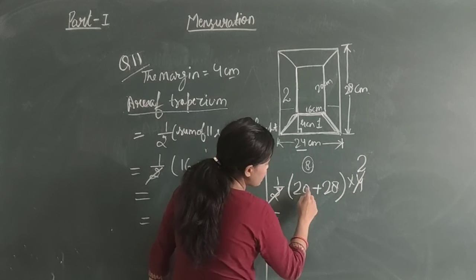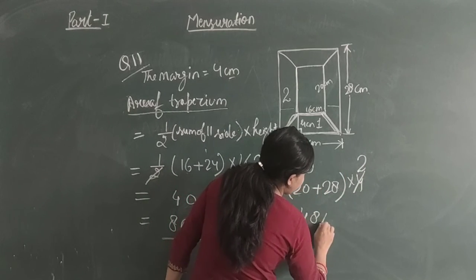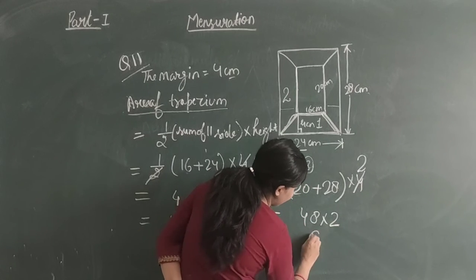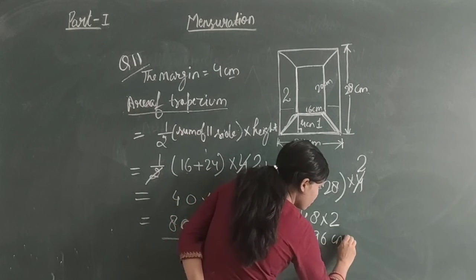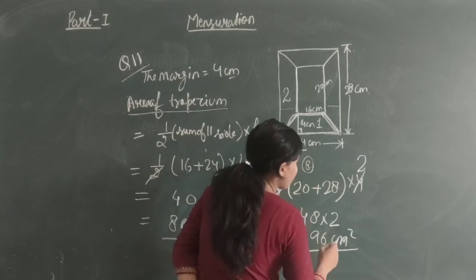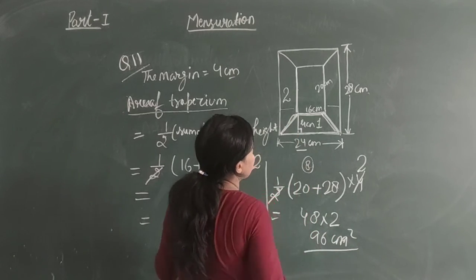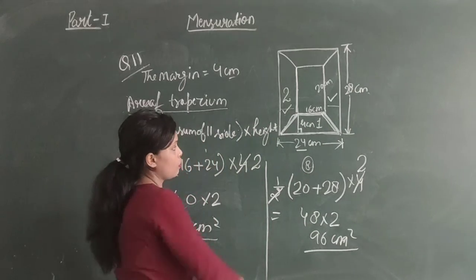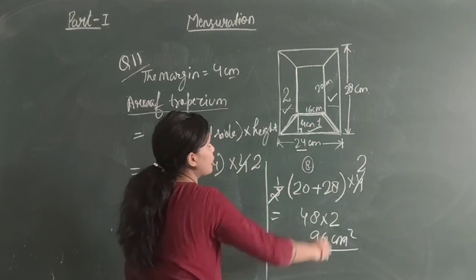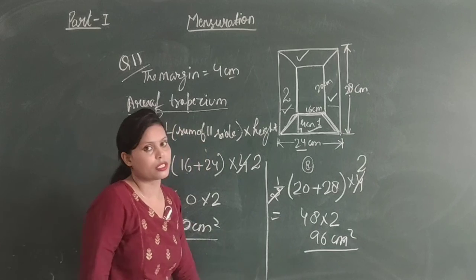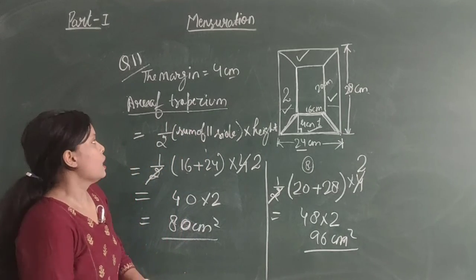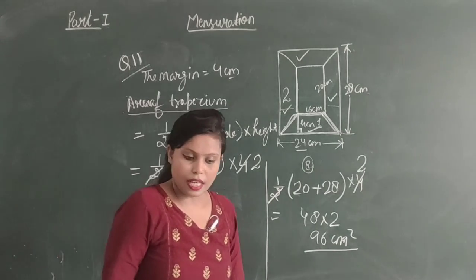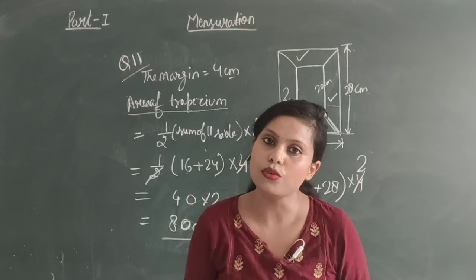So we will get 48 multiplied by 2, that is 96 centimeter square. So this area is 96 centimeter square, this area will also be 96 centimeter square, this is 80 centimeter square and this will also be 80 centimeter square. Alright, the rest of the questions are the same and you can do them easily.